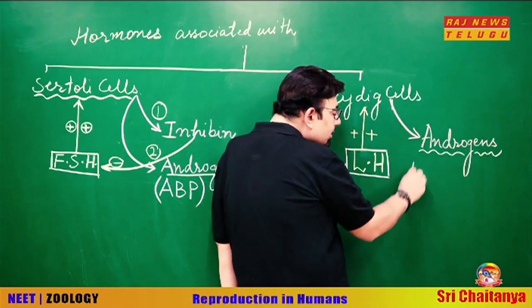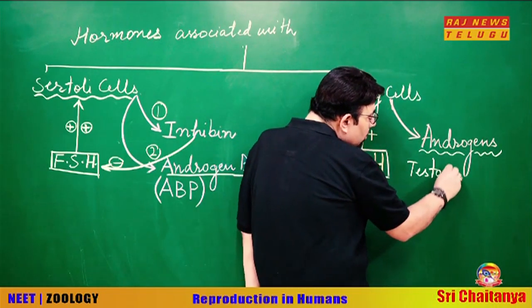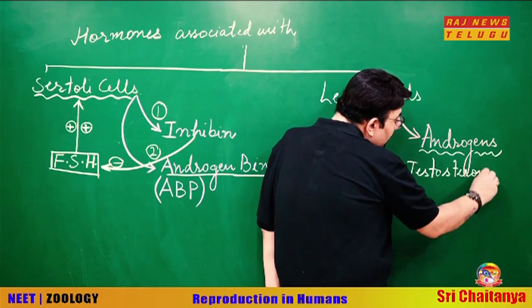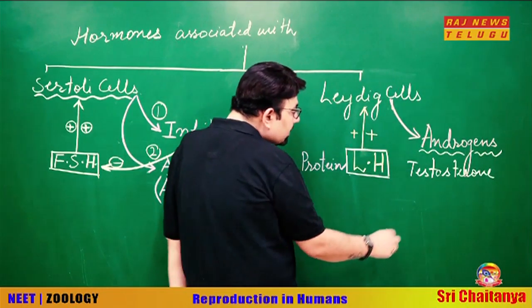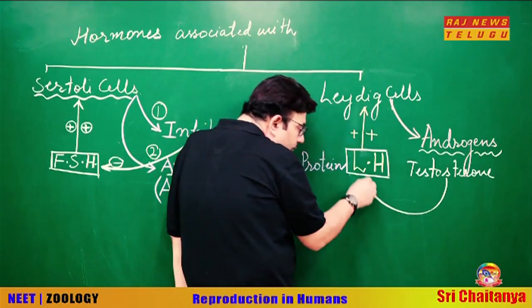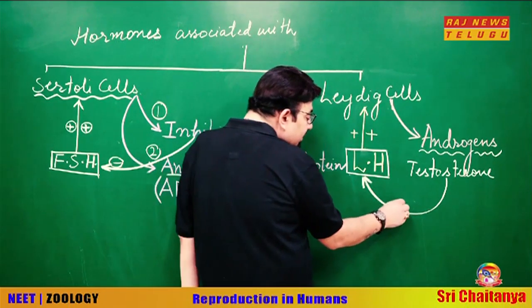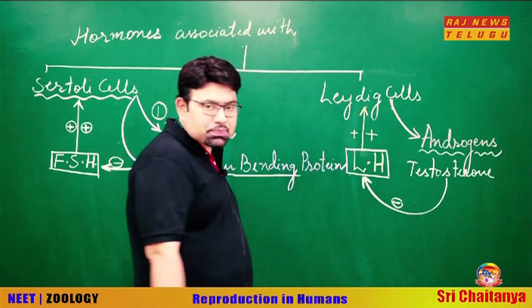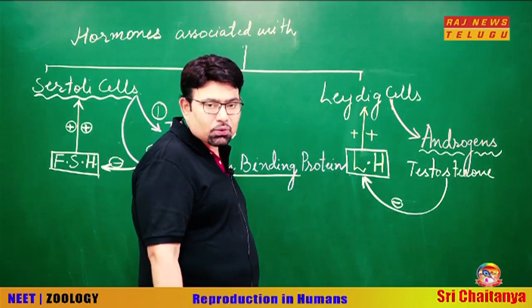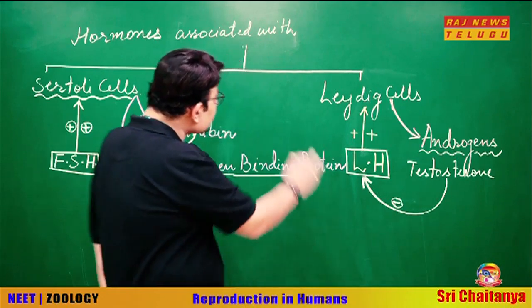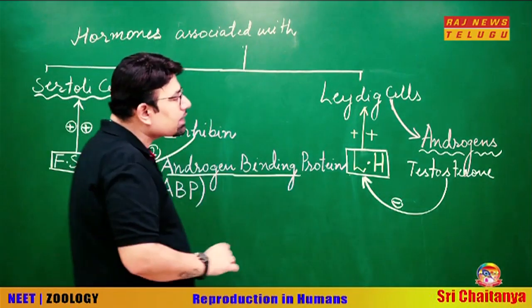And the main androgen is testosterone. And remember, the high level of testosterone will suppress the LH secretion by a negative feedback control. So, these are the important cells.